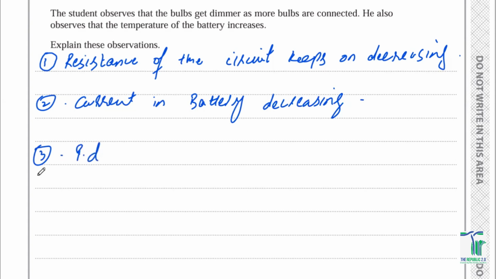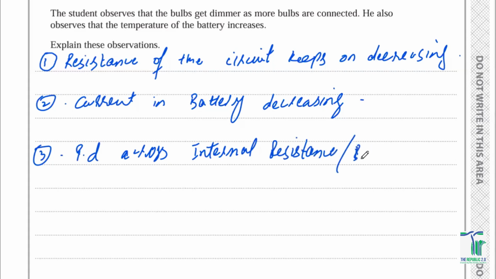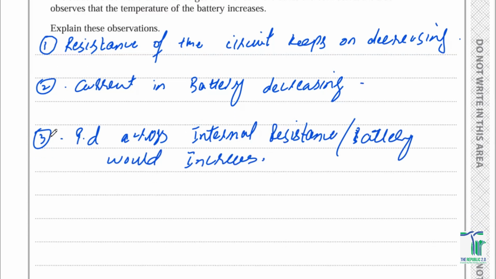Similarly, in the third point, we can talk about the potential difference. The potential difference across the internal resistance of the battery would increase as well. And as the potential difference across the internal resistance is going to increase, the terminal potential difference of the battery is going to decrease, by just using E equals V plus Ir.